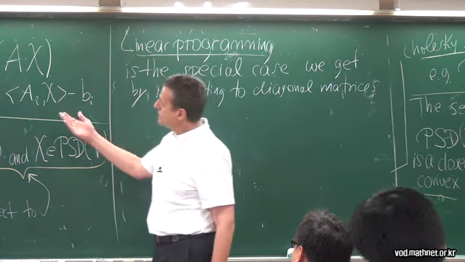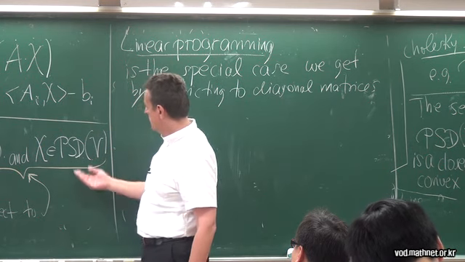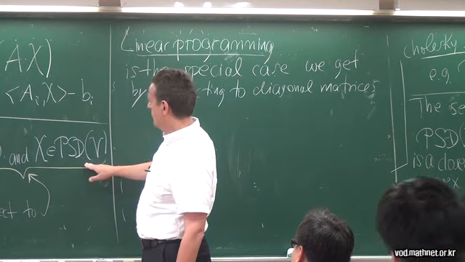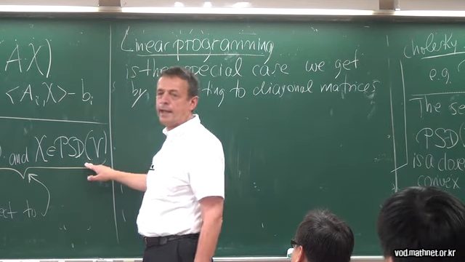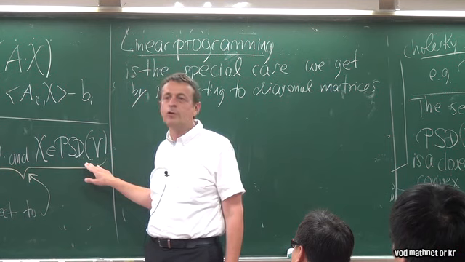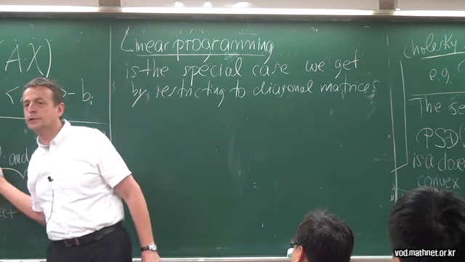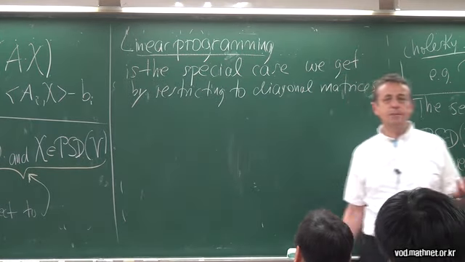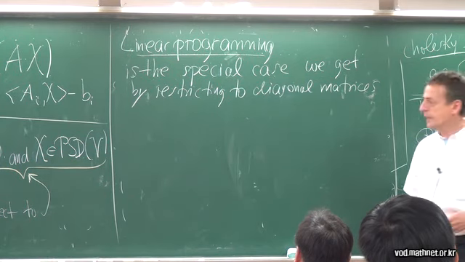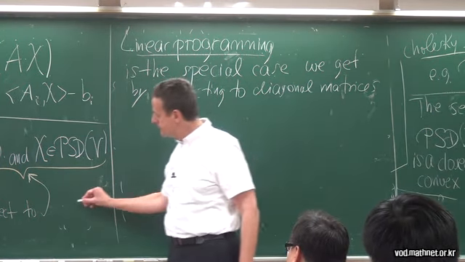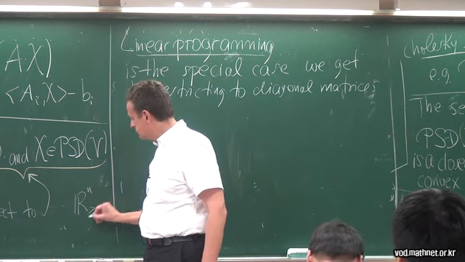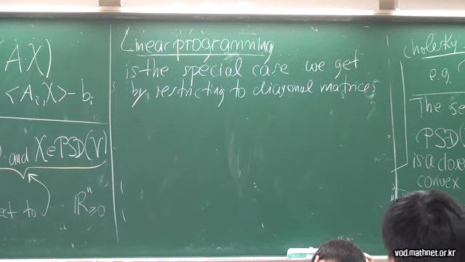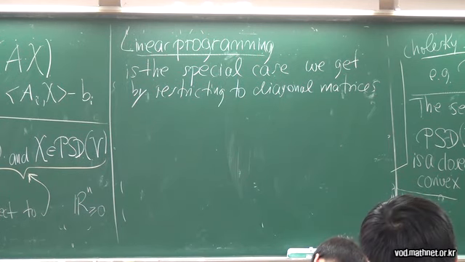Well, then this x will only depend on the diagonal entries. You're never going to look at the off-diagonal entries, since this is just picking out linear forms of the diagonal entries. So you might as well restrict to the diagonal entries, and then the condition is simply whether the entries are non-negative. So this PSD cone gets replaced just by the non-negative orthant. The special case of semi-definite programming that you get by taking diagonal matrices is called linear programming.